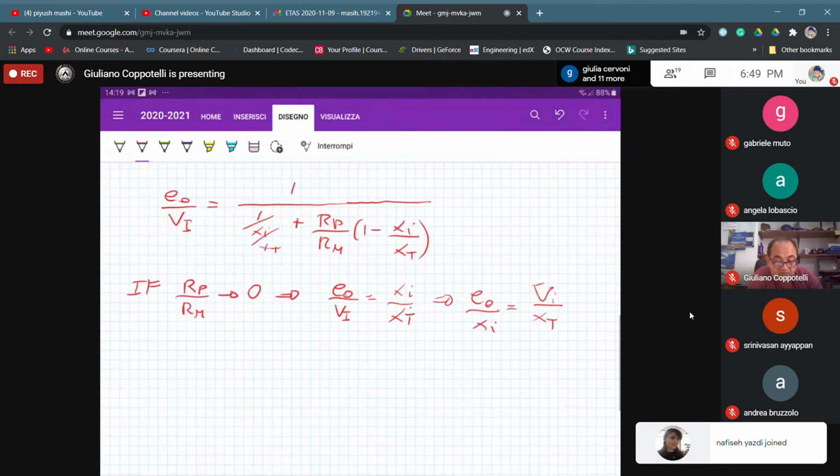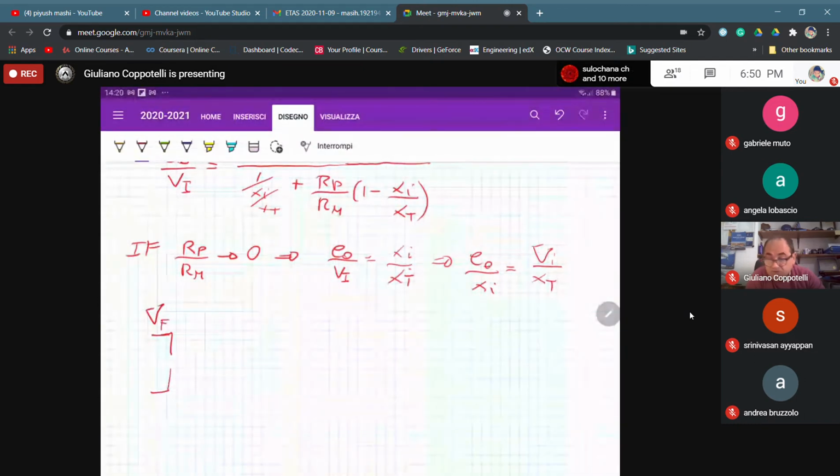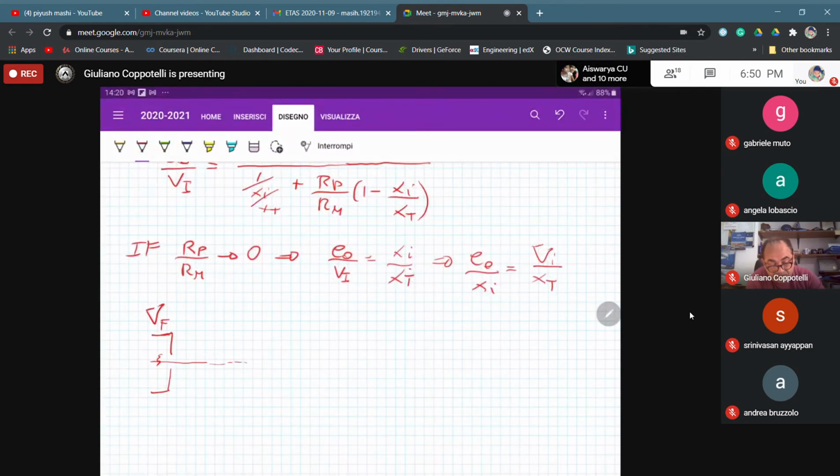Then we have to consider the second block. The second block is the cathodic ray tube. We didn't see anything else. It has an input tension Vf that is capable of exciting your electron somehow over there.